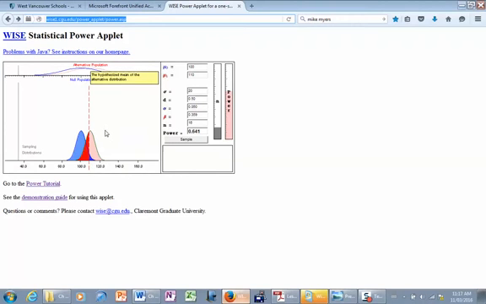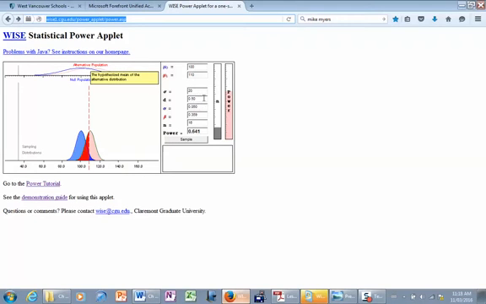So as you can see, it reduced our power and increased beta. Once again, it's hard to see that these two are the same distance, but the net effect is power decreases, beta increases when we change our standard deviation. So what we're doing is spreading things out more.